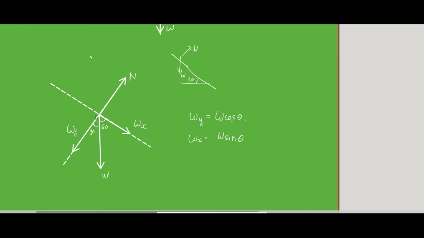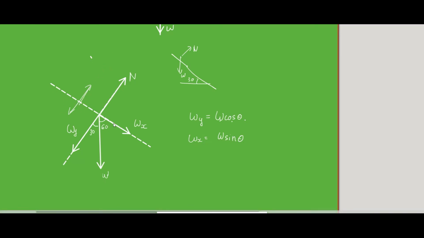Now my next question is, this y direction along the normal reaction, is the object moving in that particular direction? Compared to the surface, is it moving above the surface or below the surface?